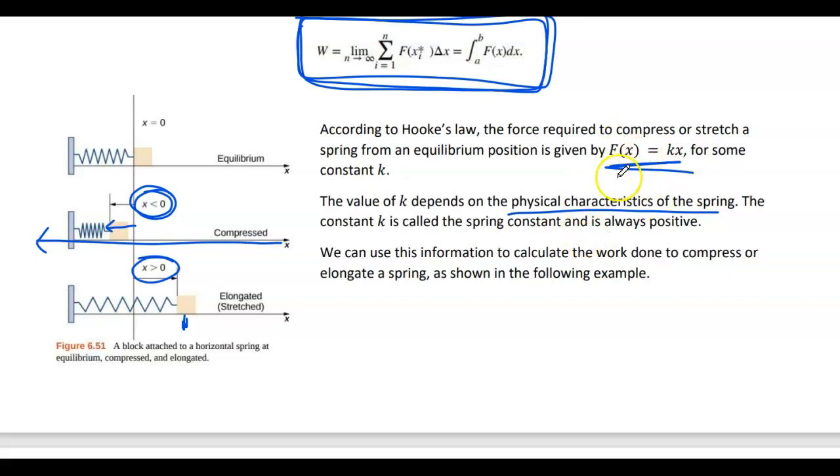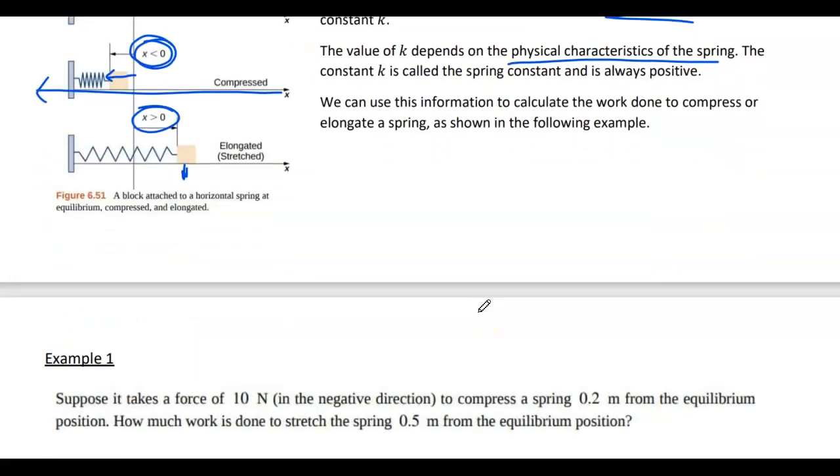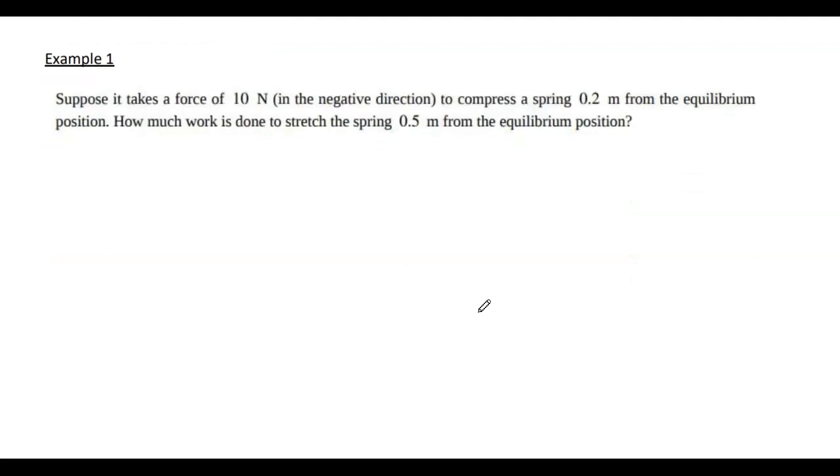So we can use this force equation in order to talk about how much work is done to compress or elongate the spring. So let's look at this first example here. Let's say that it takes a force of 10 newtons in the negative direction to compress a spring 0.2 meters from the equilibrium position.